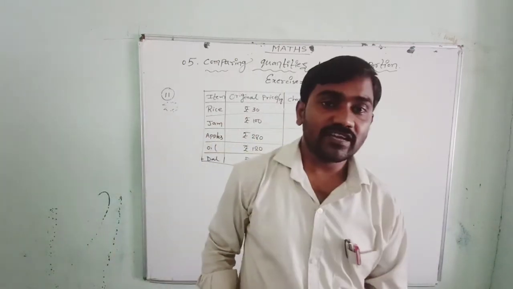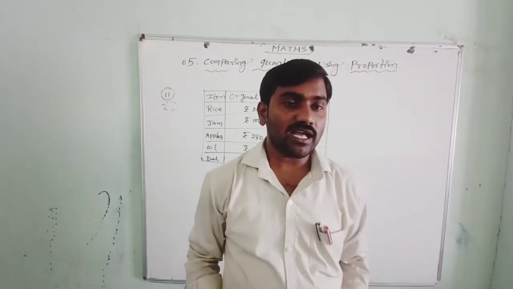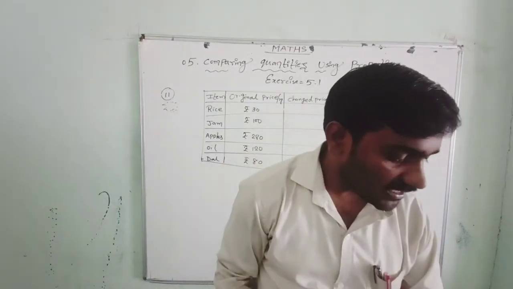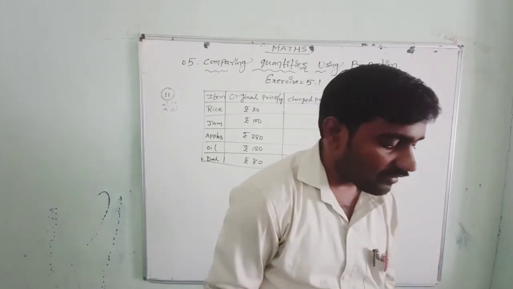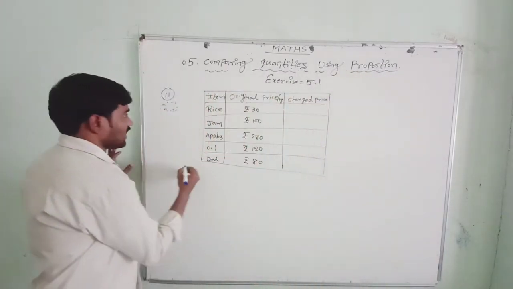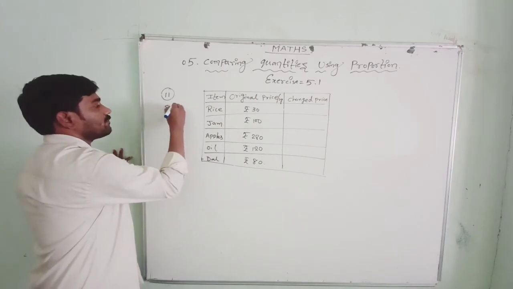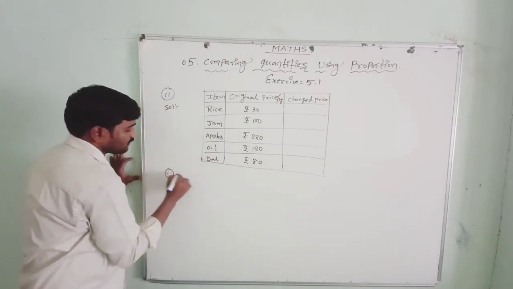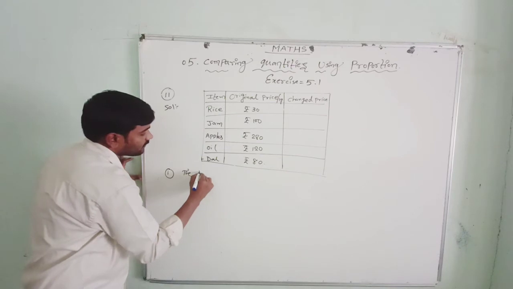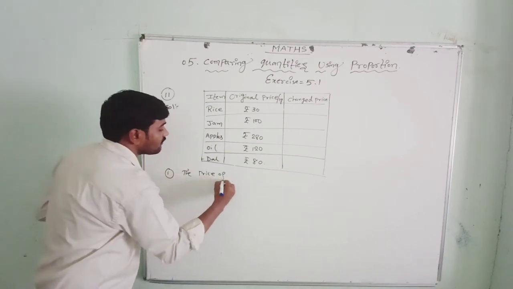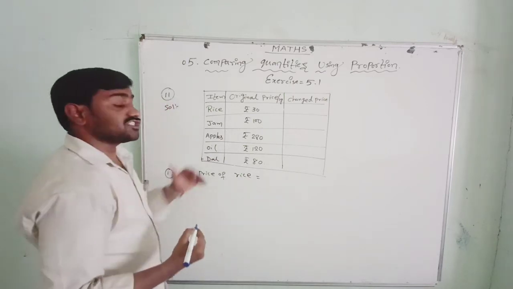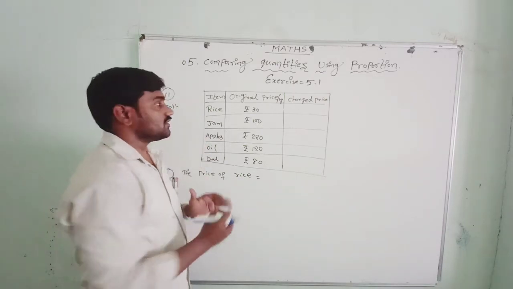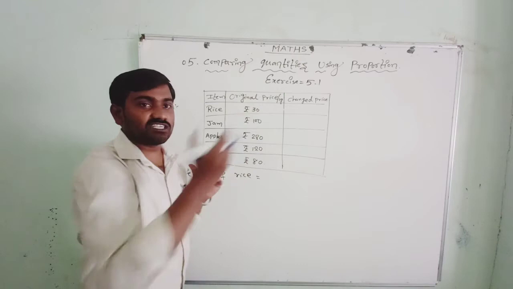Now, as given in the question, we have to follow the instructions. First, the price of the rice is reduced by 5%. That means it was decreased; from this amount 5% is decreased.